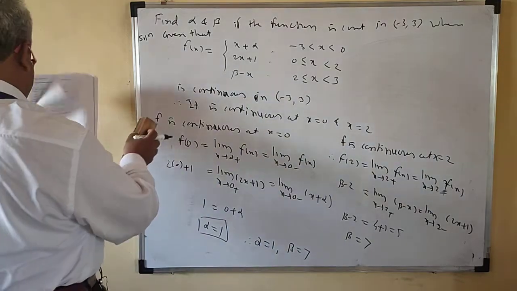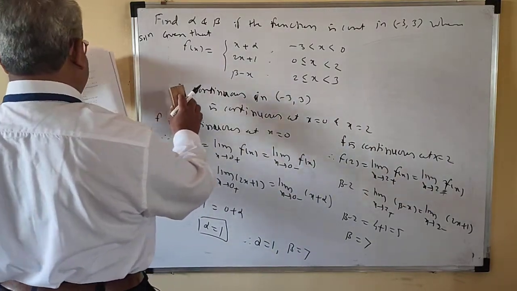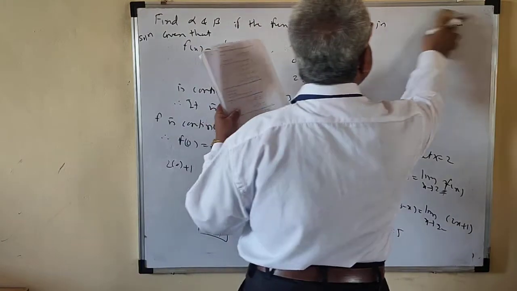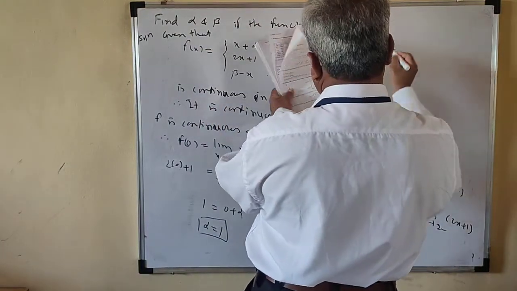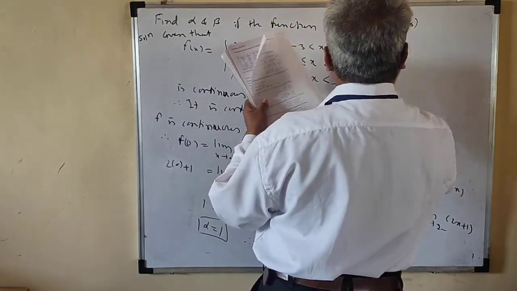Okay. Now next. Find alpha and beta if the function is continuous in 0 to 8.